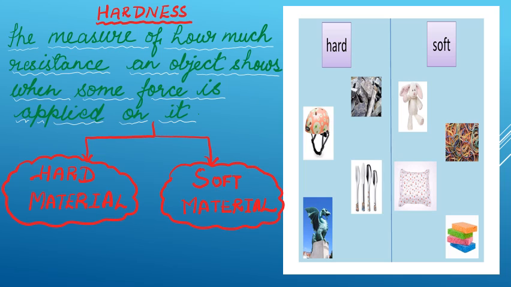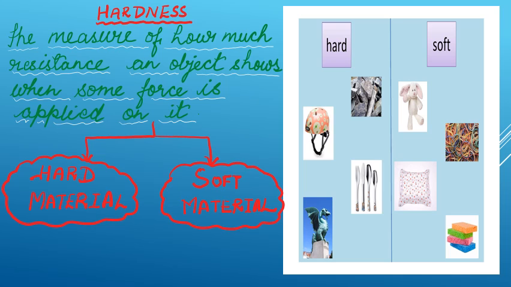But when you pressed the cricket ball, wood, stone, and iron, you found them difficult to press and they did not change their shape. These are called the hard materials, and the ones which change their shape on pressing are called the soft materials.